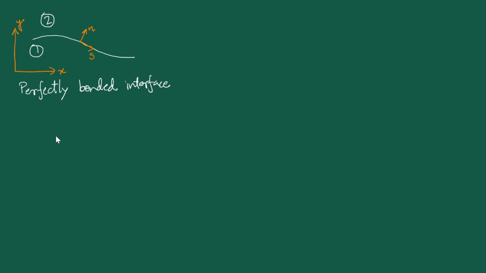So physically, what is done is to ensure that both the displacements and the tractions are continuous. So we write that down: for a perfectly bonded interface, both the displacements and the tractions are considered to be continuous.